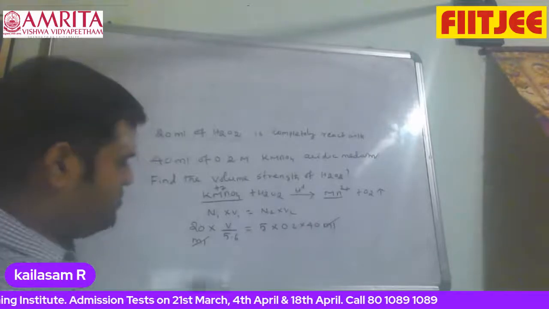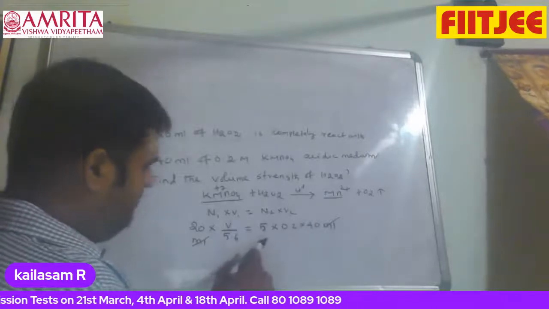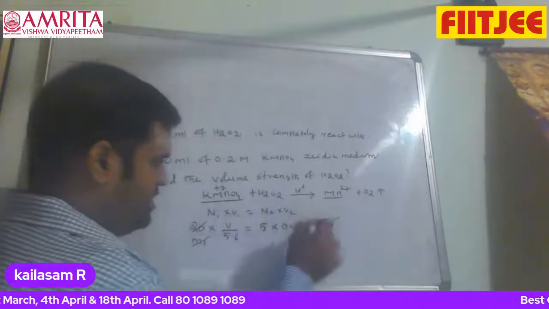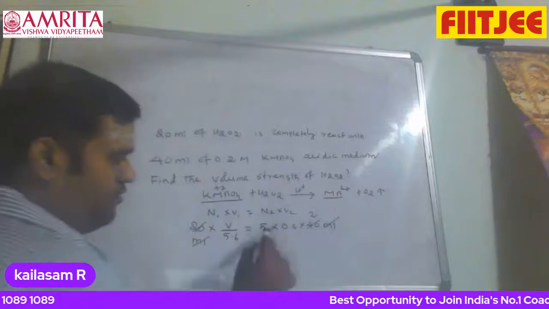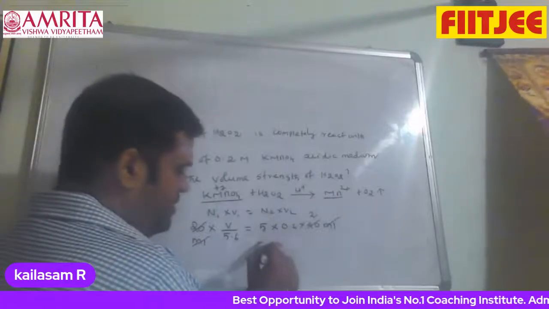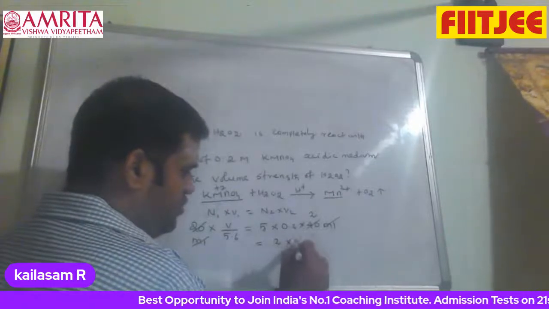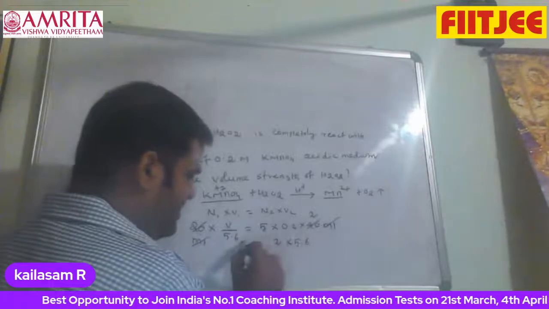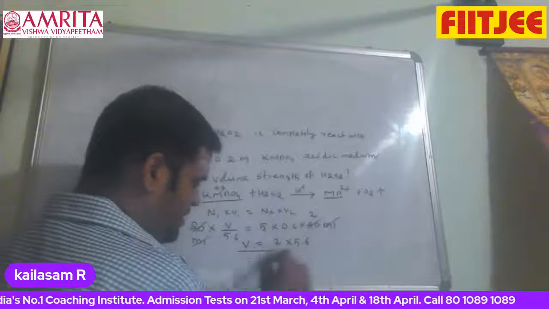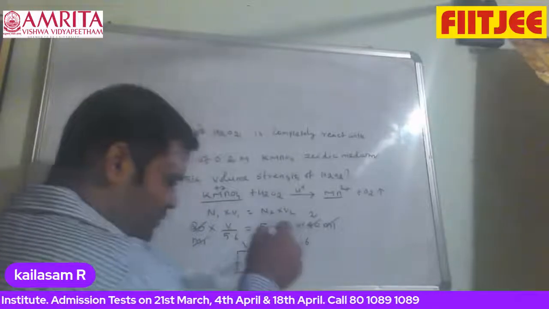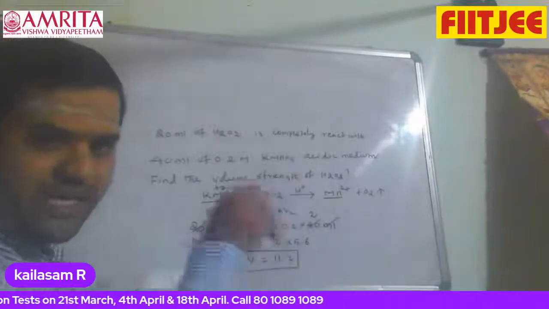Right? Now from this, this and this come as 2. Now 5 2s are 10. That means 2 into 5.6 V, and V is equal to 11.2. So 11.2 means what could be the molarity of hydrogen peroxide?